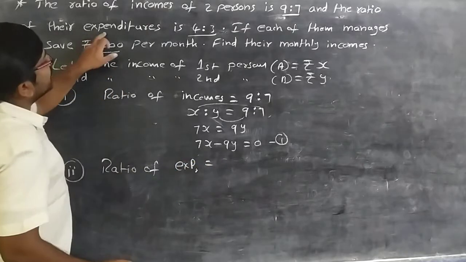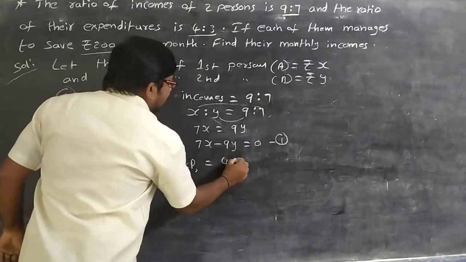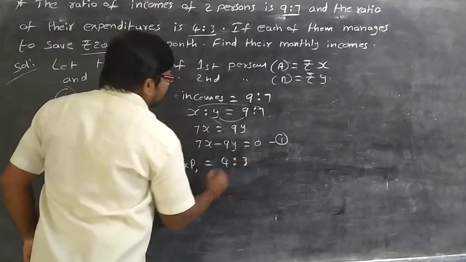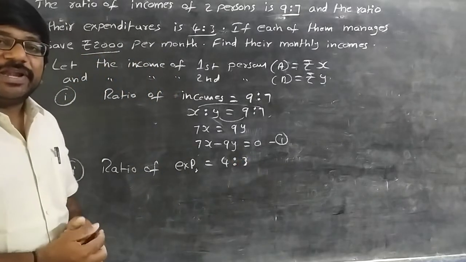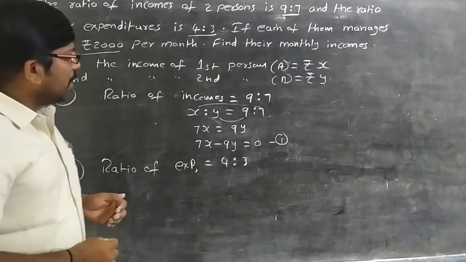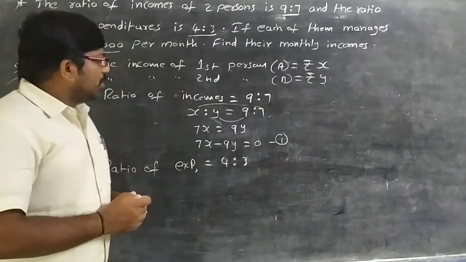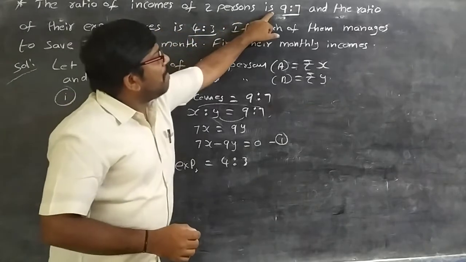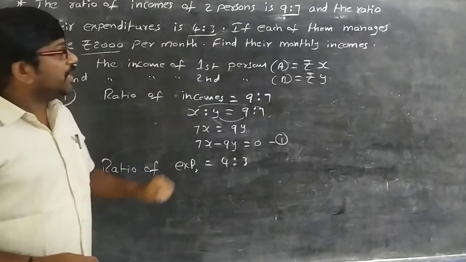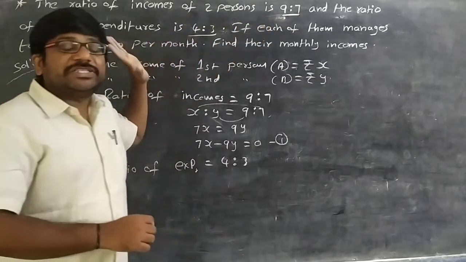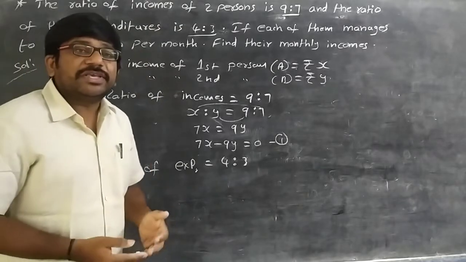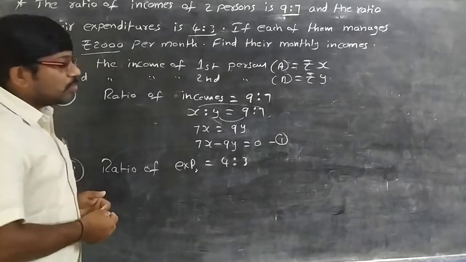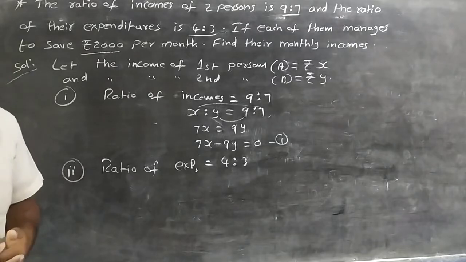When we get expenditure, income, 2000 rupees is saving, right? Income minus expenditure. Income లో నుంచి expenditure తీసేస్తే ఏమొస్తుంది? సేవింగ్ వస్తుంది. That is 2000 rupees saving, right?